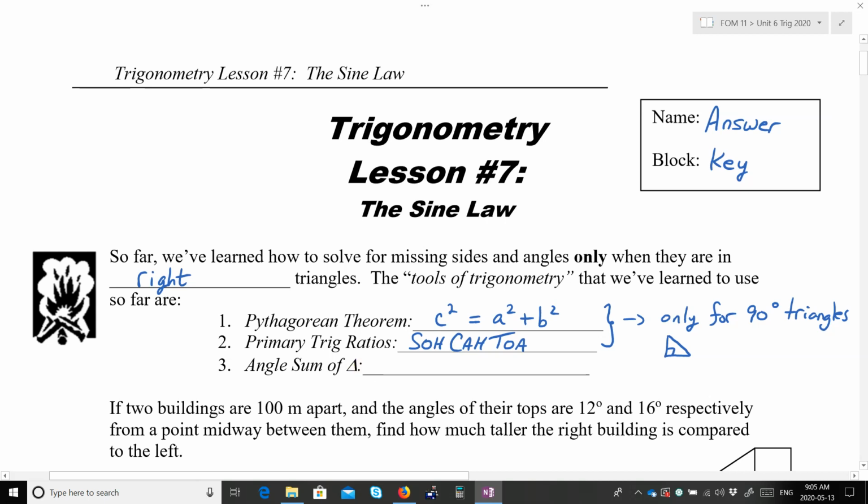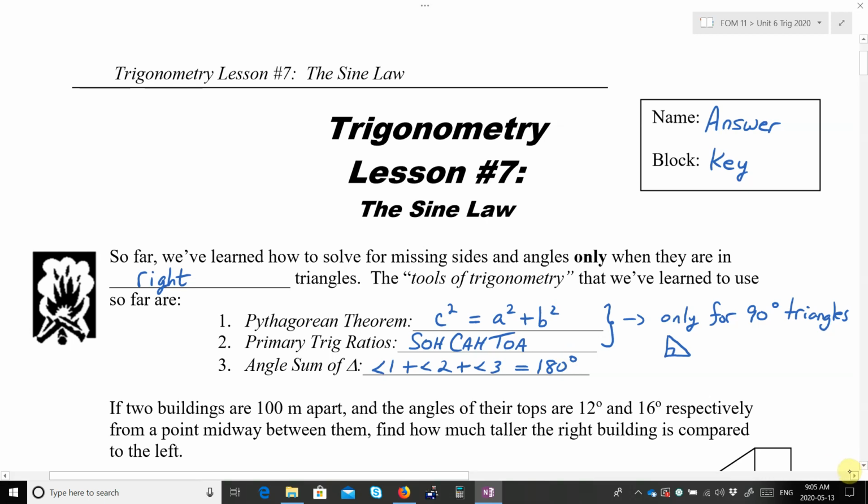The third tool of trigonometry is actually true for any triangle. It doesn't necessarily have to be a 90-degree angle, and that is that the three angles in a triangle add to 180 degrees. And so of course the question becomes, well, what if you don't have a 90-degree triangle? Are there any other tools that we can use?